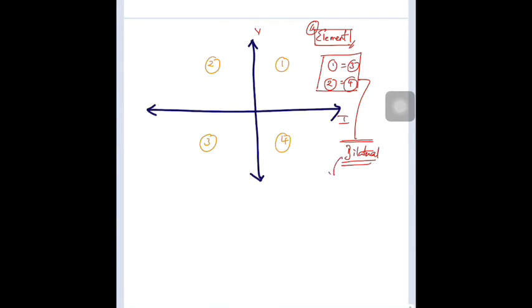One example of a bilateral element which we all know is the triac, which comes in power electronics, which is SCRs connected anti-parallel to each other. We will discuss these in power electronics lectures, but as of now, 1 equal to 3 and 2 equal to 4 is called bilateral, others are unilateral.